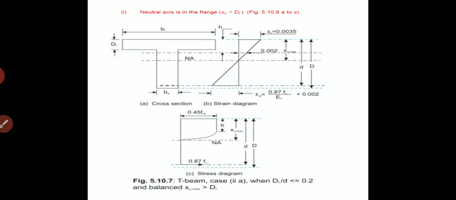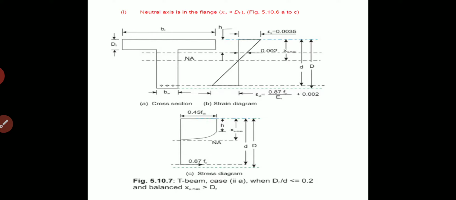Second case, when Xu is greater than the depth of flange, meaning the depth of flange is smaller than Xu.